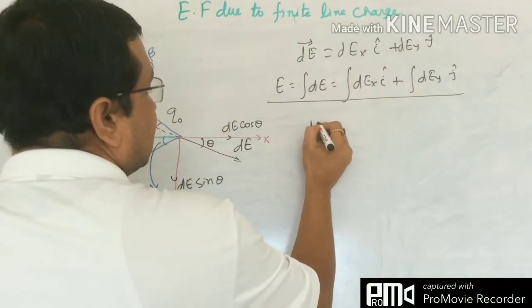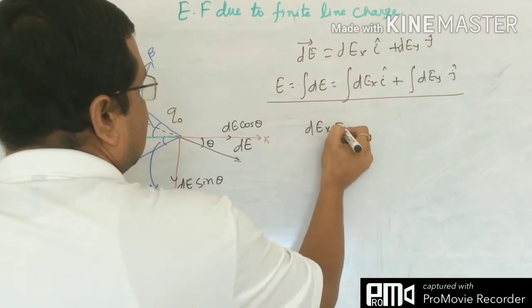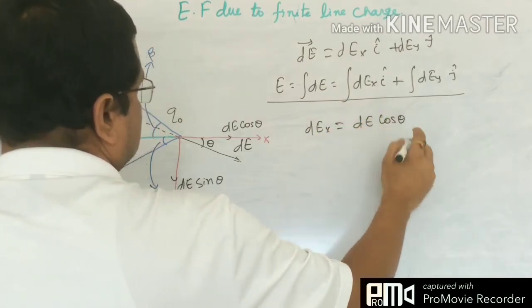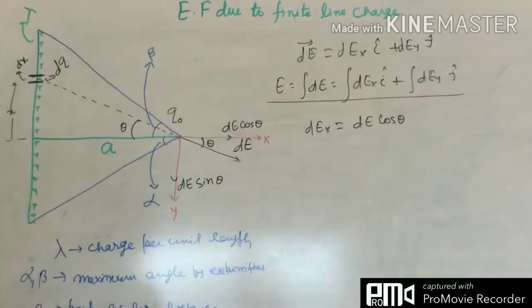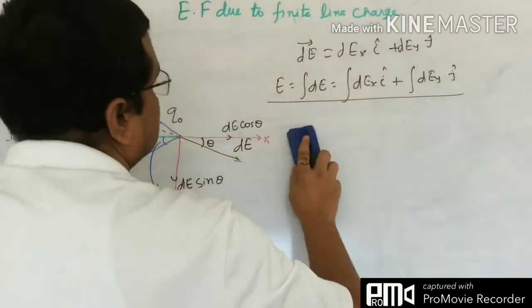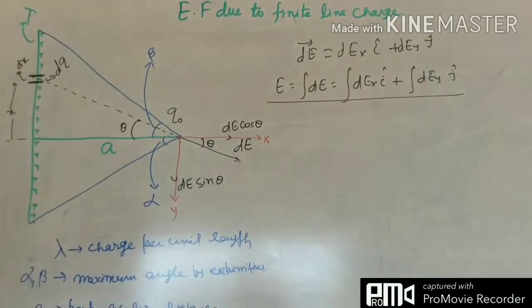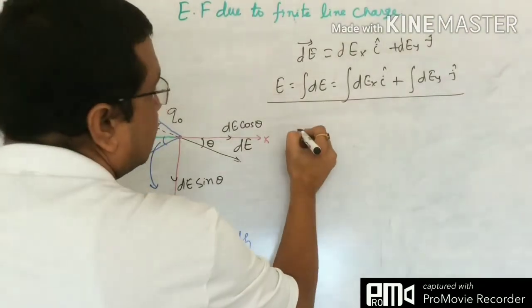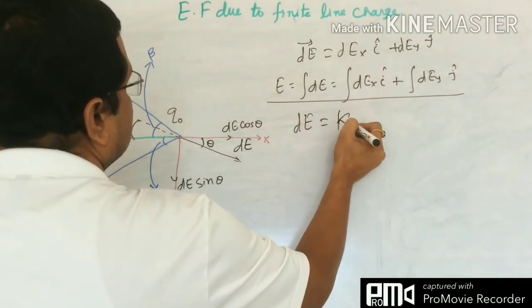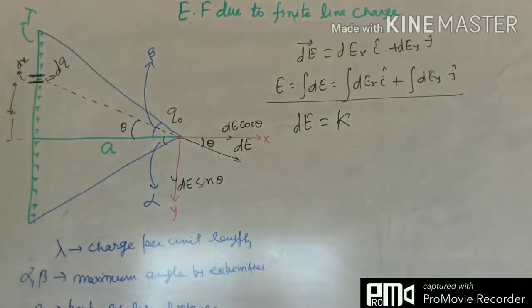So when we talk about dEx, it means dE cos theta. And before calculating dE cos theta, first we should consider dE. What is dE? dE equals K dq by r square, where K means 1 by 4 pi epsilon naught.